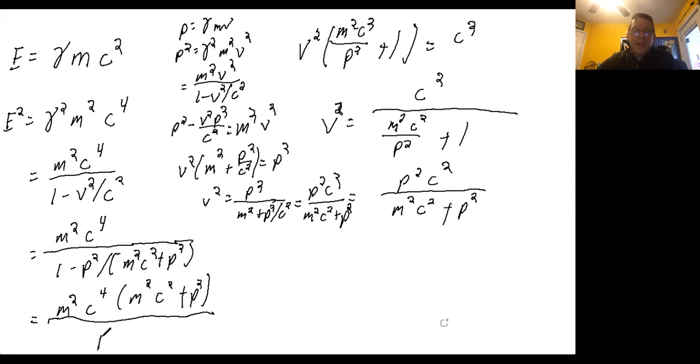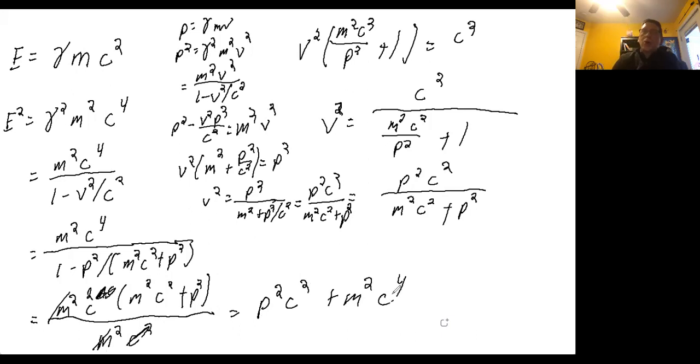So that just becomes m squared c squared. So those terms cancel out. And so what you're left with for the total energy is E squared equals p squared c squared plus m squared c to the fourth.